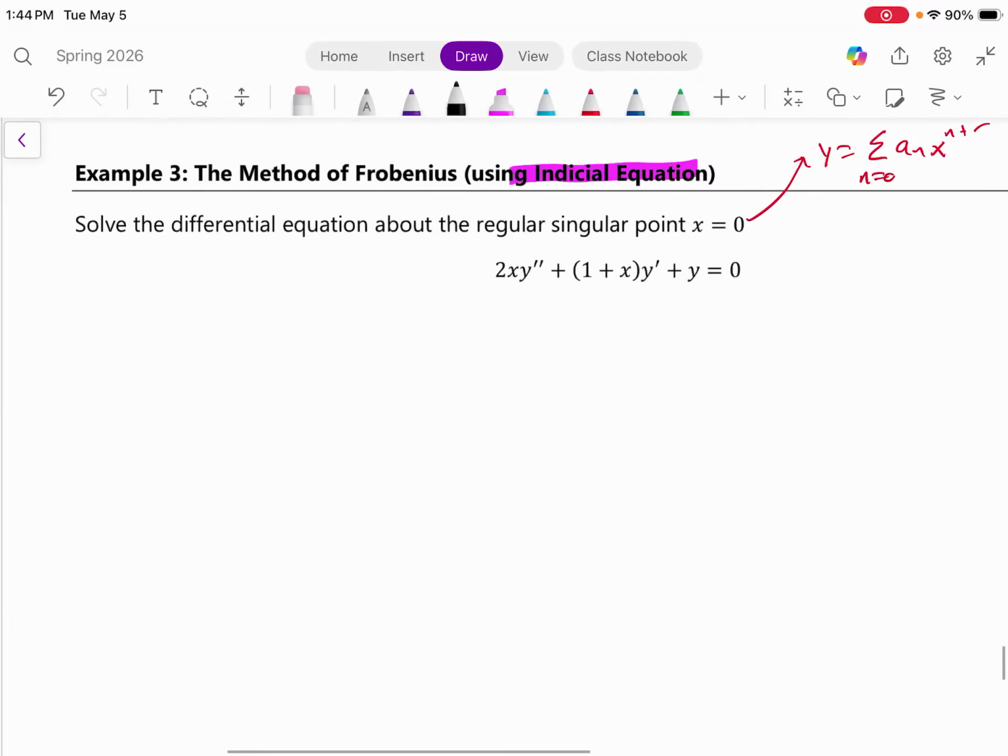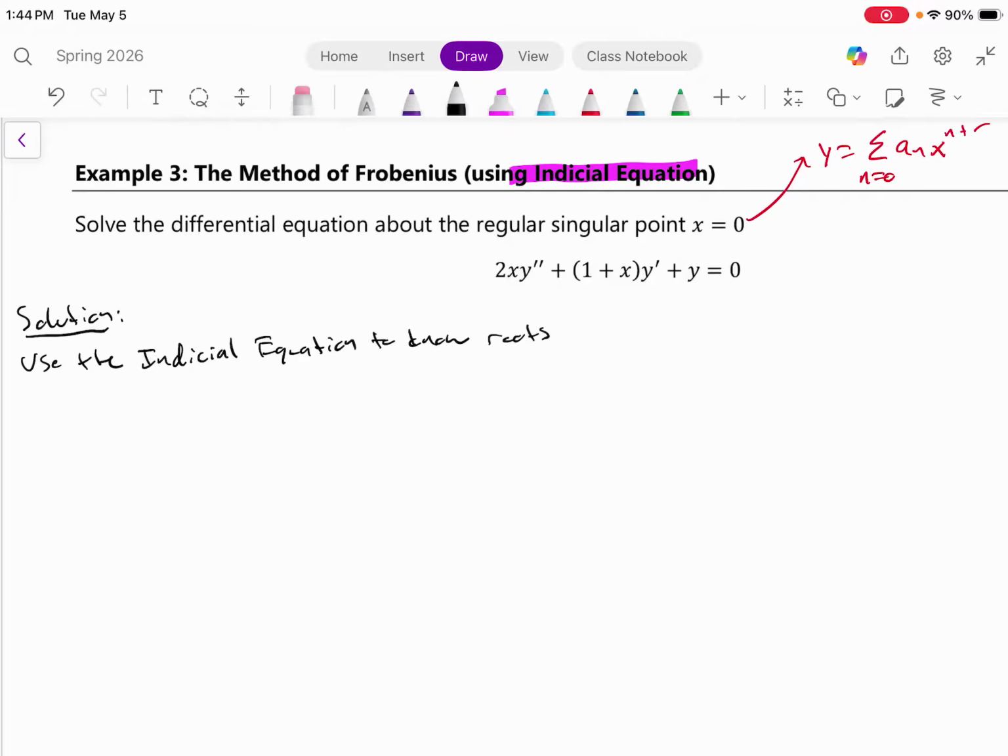Okay, so let's come over here and start our solution. First thing we're going to do is use the indicial equation to know the roots, which are r1, r2, so r ahead of time.